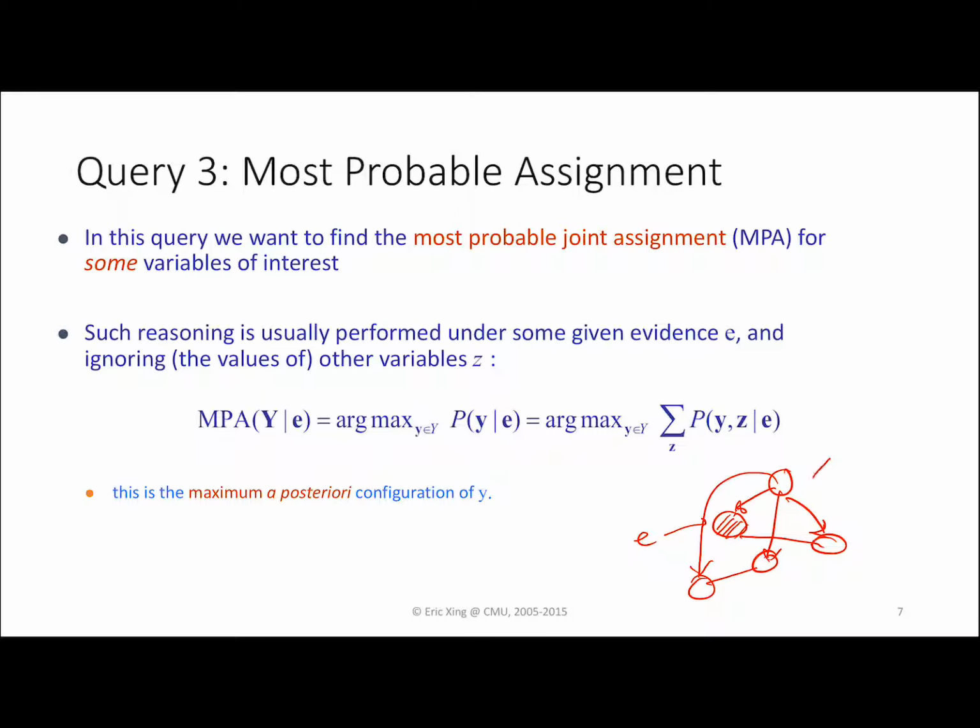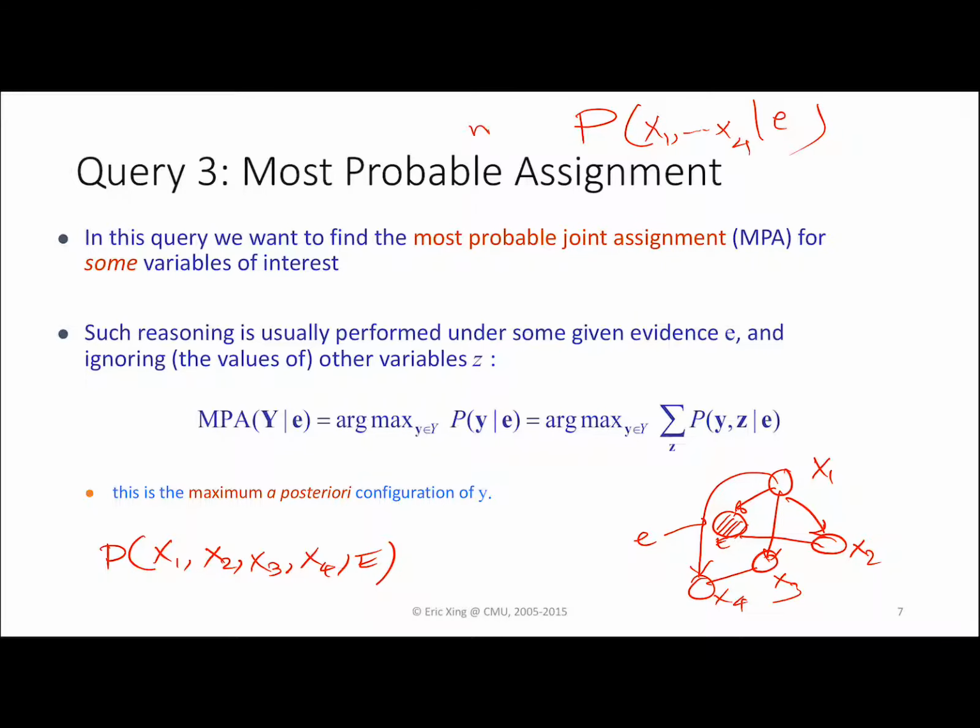You have a joint distribution of x1, x2, x3, x4, and E, where I call it E because it is evidence. These are defined by my graphical model. Now you're asking me, given the observed evidence, what is the most likely configuration of x1 through x4?